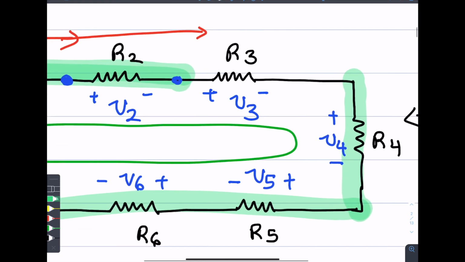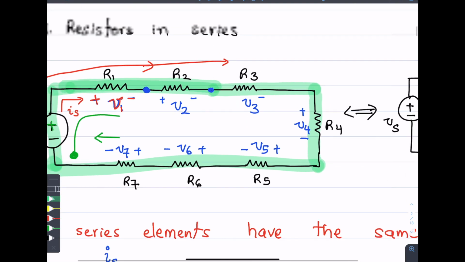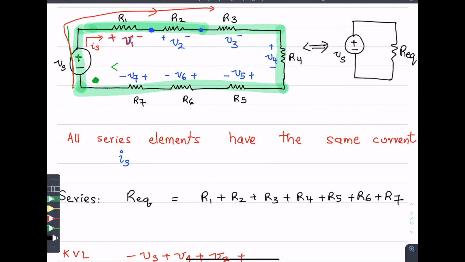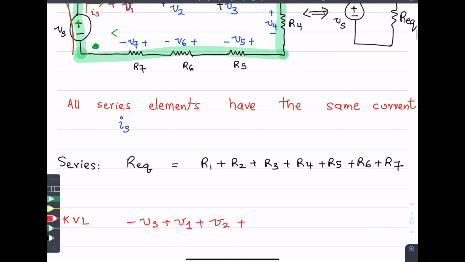The resistance here, you see there is a plus and there is a minus V3. Okay, so we add that in plus minus format. We start with the plus and then minus, so plus V3. As you go around the loop, you will see that all the voltages have a plus sign associated with them.